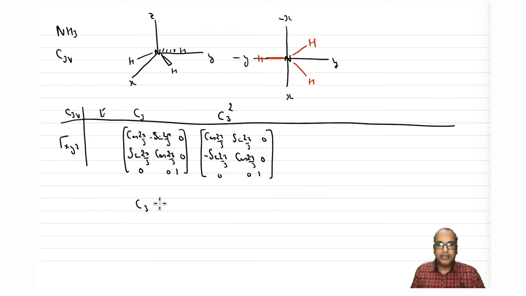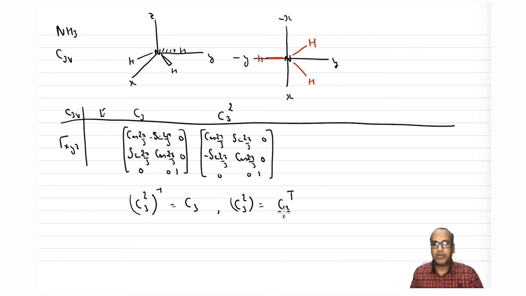So I said C3 square is the inverse of C3, and in this case the inverse can be written simply as C3 square equals C3 transpose. By transpose I mean changing the rows into columns and columns into rows. Why is that? Because this is an orthogonal matrix.